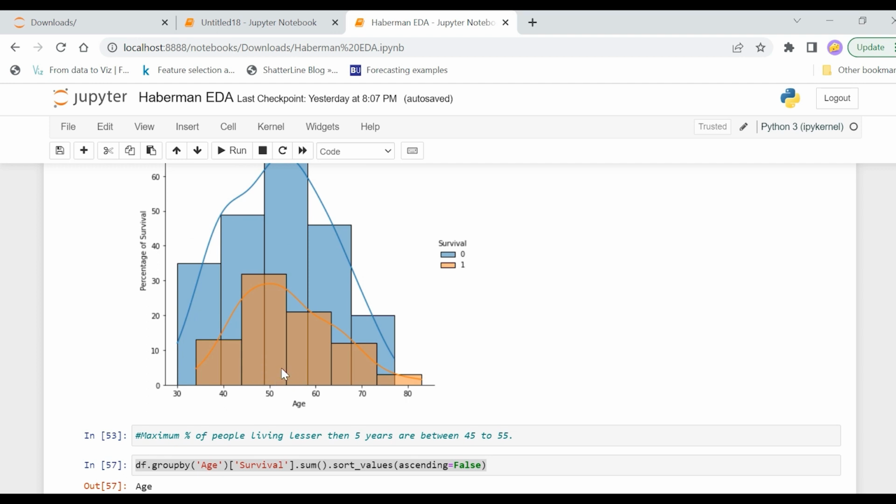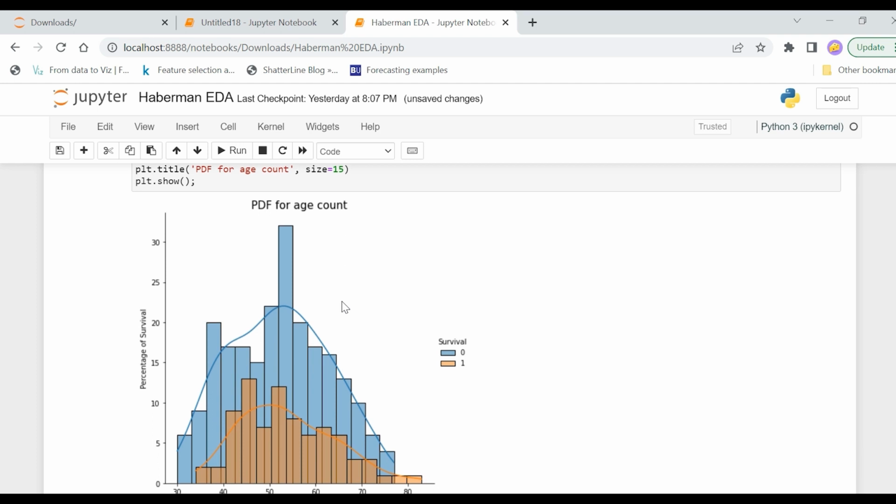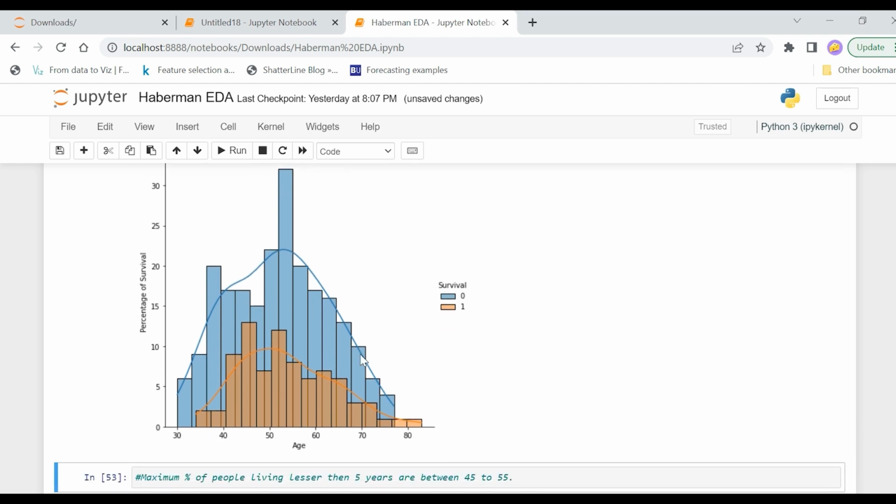So this age bracket has a higher potential of being the people who will live less than 5 years. You can also change the bins. If I increase the bins more, the data will be much more clearly zoomed, showing how many people.